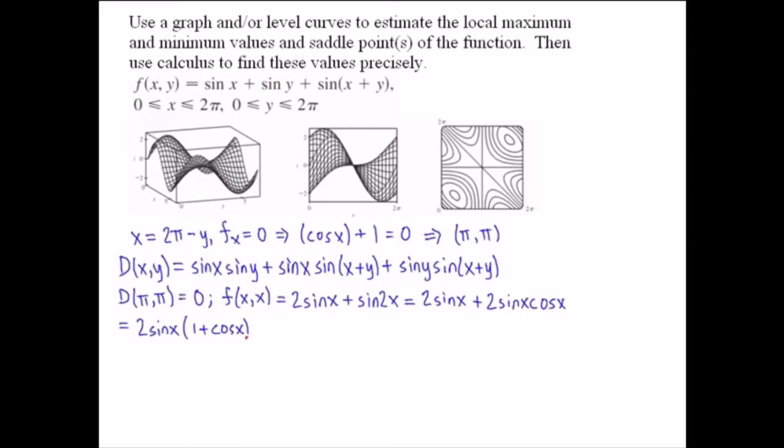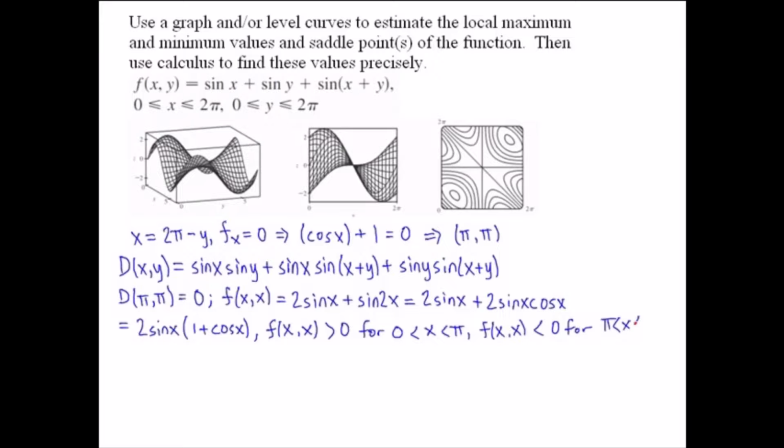So our function f of (x, x) is greater than 0 for 0 is less than x is less than pi, and the function f of (x, x) is less than 0 for pi is less than x is less than 2 pi.